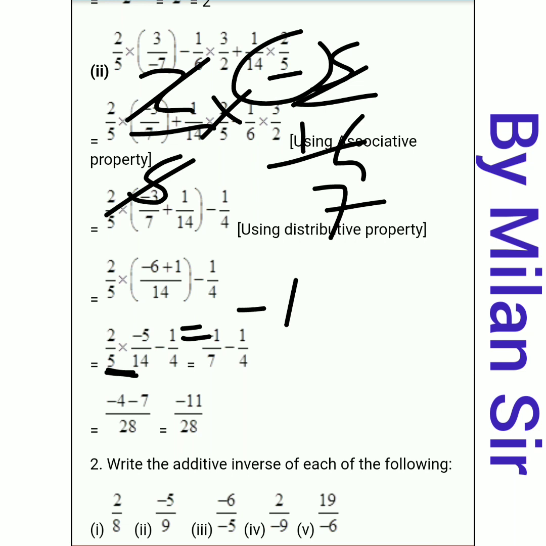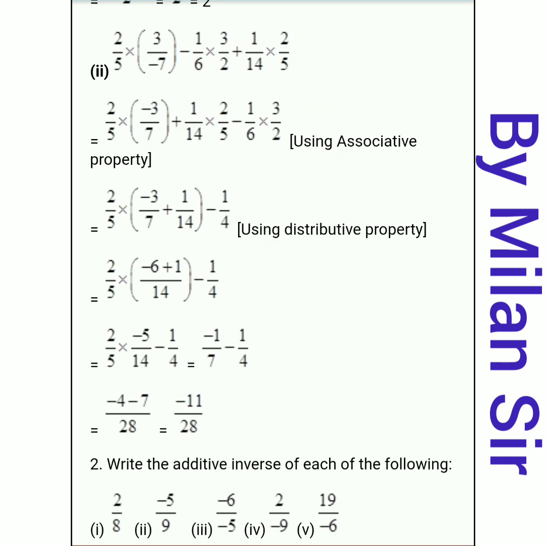The minus sign is there, so minus sign, and in the denominator 7. So minus 1 by 7. Okay, so here minus 1 by 7. Then our last term minus 1 by 4 as it is. Okay, so at this step what do we have? Minus 1 upon 7, minus 1 upon 4.